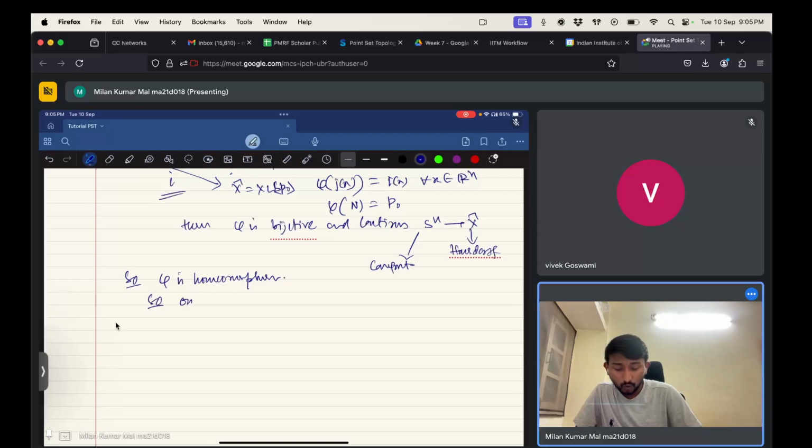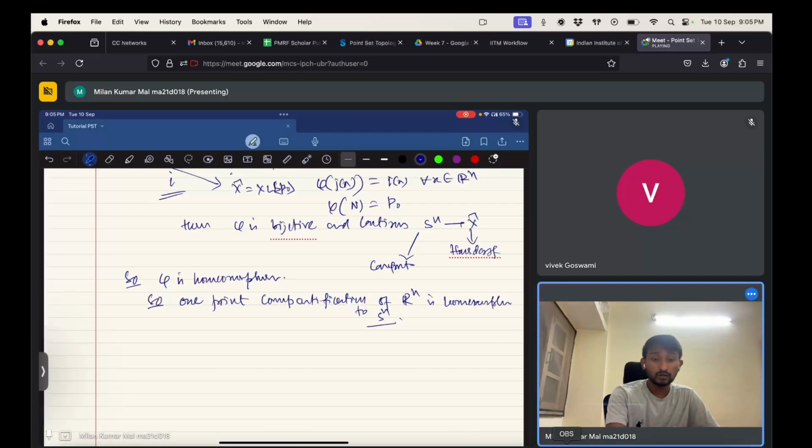So the one point compactification of R to the power n is homeomorphic to Sn. This is all.